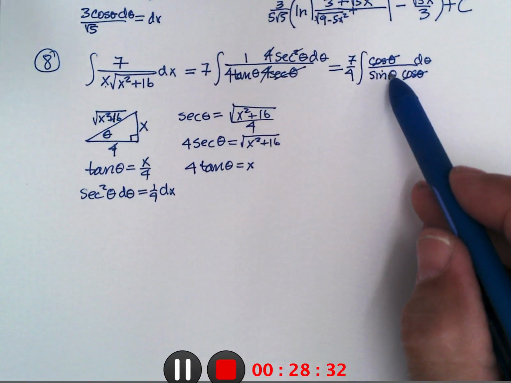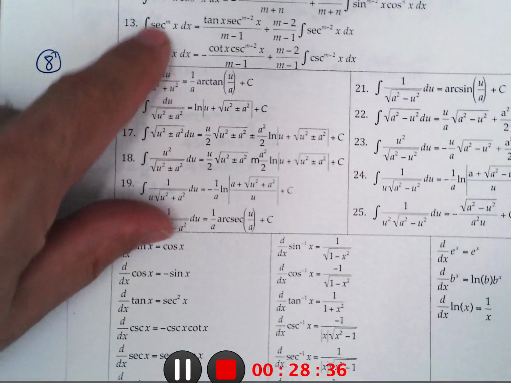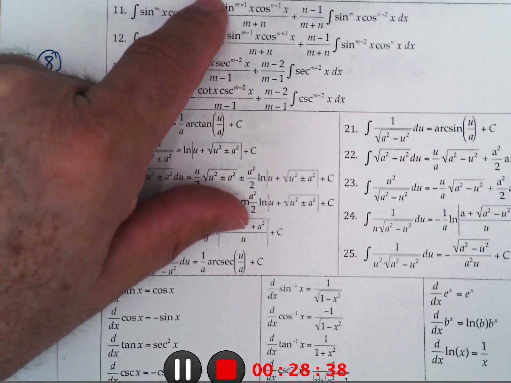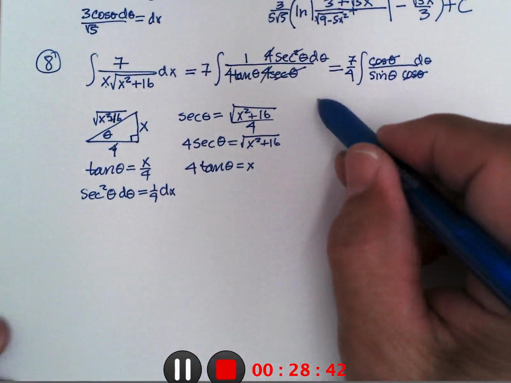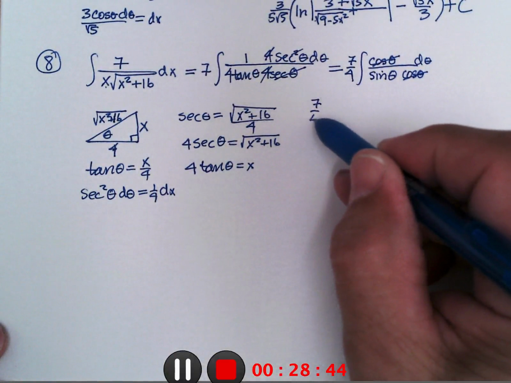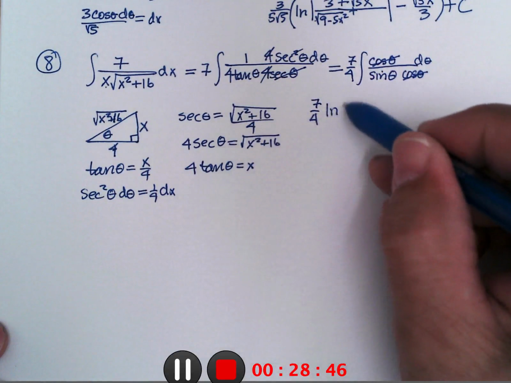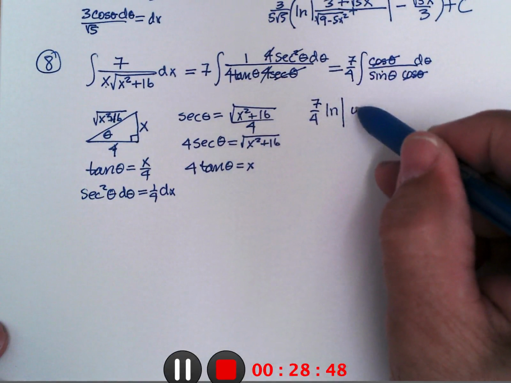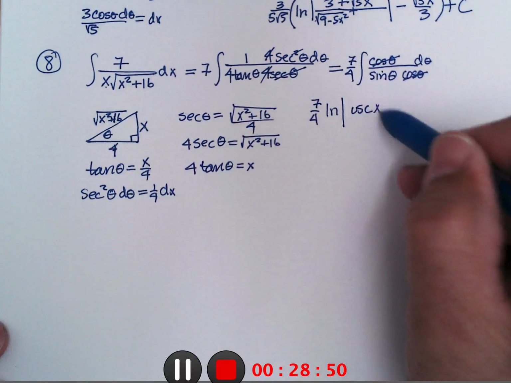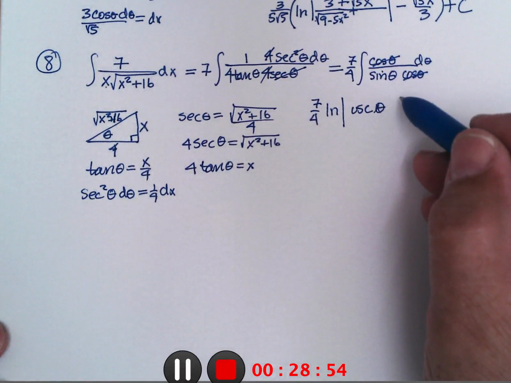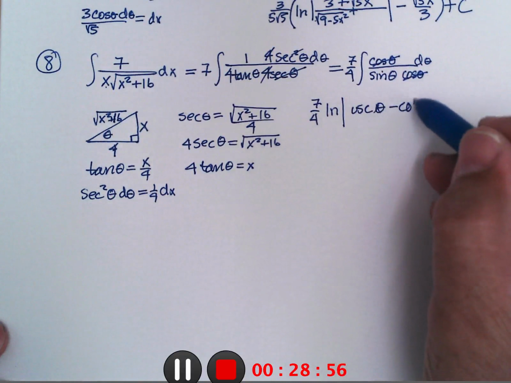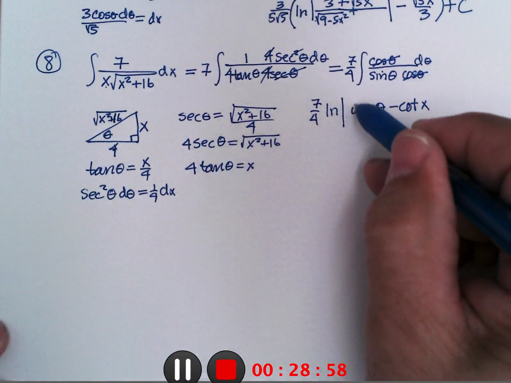And my table says the antiderivative of cosecant is ln of cosecant x minus cotangent x. So we got 7 over 4 ln cosecant theta, what's that, minus or plus? Minus cotangent theta plus c.